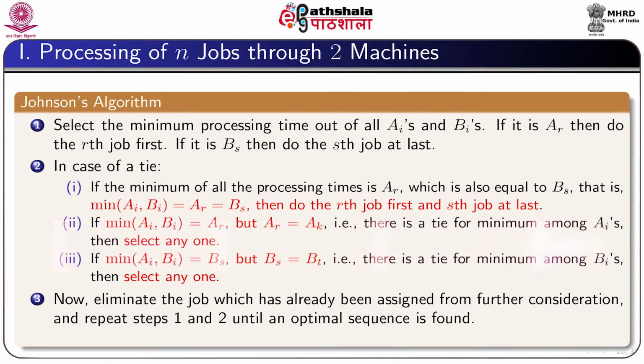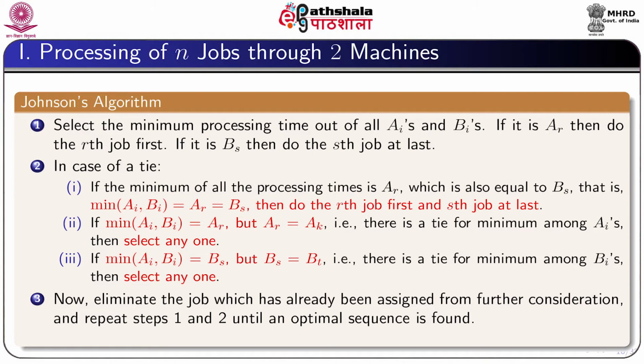In case of a tie, we have three options. If the minimum of all the processing times is Ar, which is also equal to Bs, that is, minimum of Ai, Bi equal to Ar equal to Bs, then do the rth job first and sth job at last.